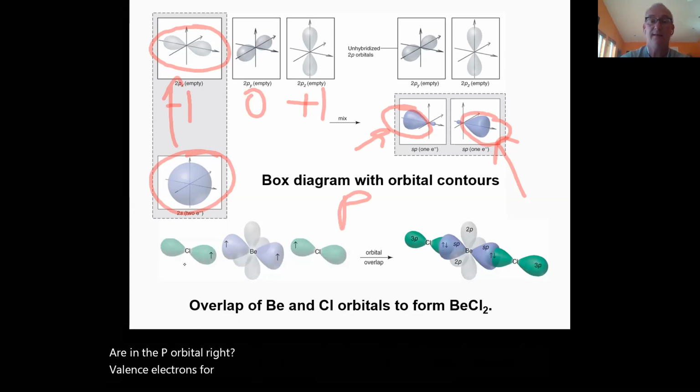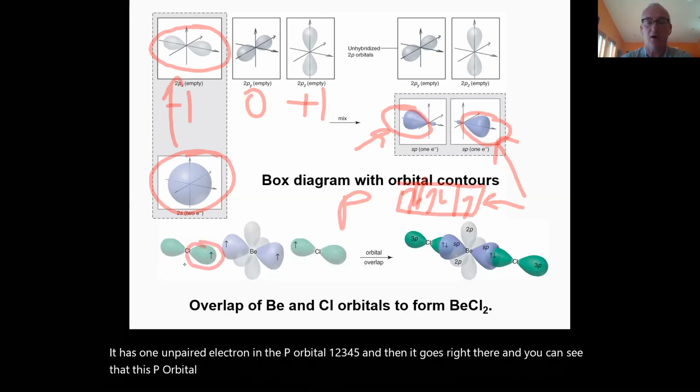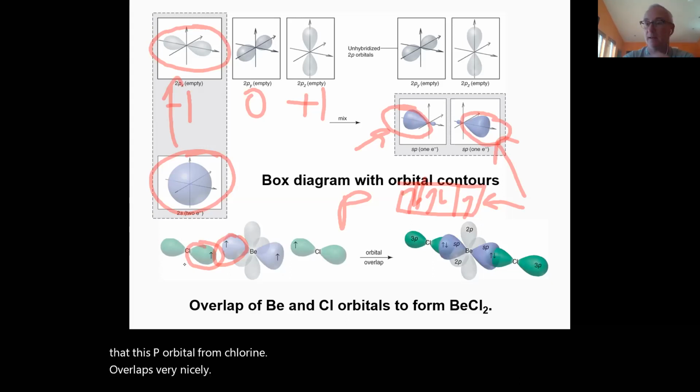It has one unpaired electron in the p orbital. 1, 2, 3, 4, 5, and then it goes right there. And you can see that this p orbital from chlorine overlaps very nicely with this sp orbital from beryllium.